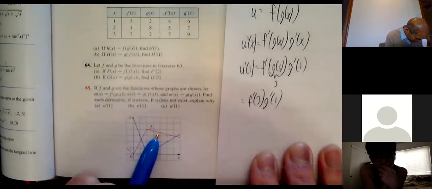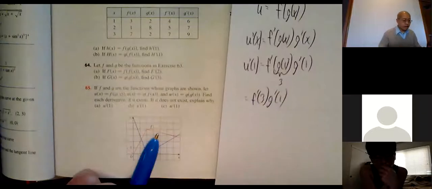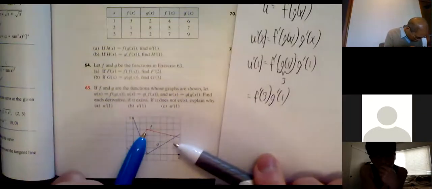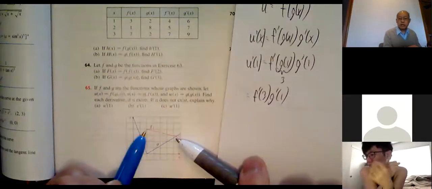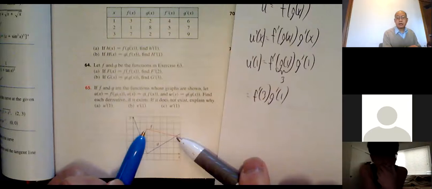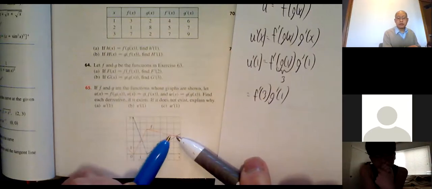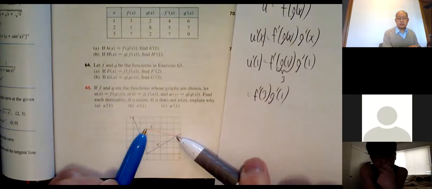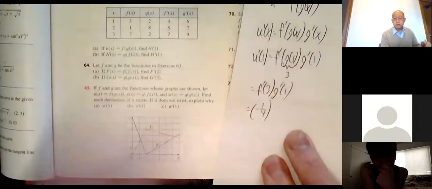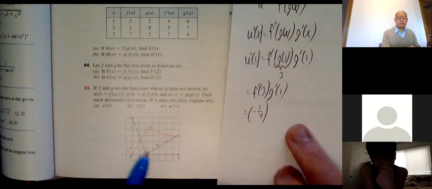So I have to figure out this slope. The best way to find a slope there is to find two convenient points. It looks like it's over 1, 2, 3, 4 to the right and down 1. So that slope looks like it's negative a quarter. G prime of 1, all right?